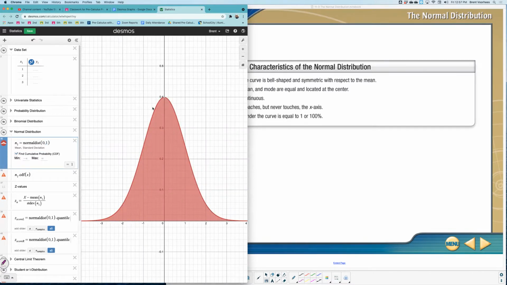What it says is, if the mean of some distribution is 0 with a standard deviation of 1, you'd have a graph that looks like this, where if you plotted all the different random events that happen, if you had a whole bunch of data, 100 people did something, the values that would occur would look like this, where the value 0 would occur about 40% of the time, and the value 1 would occur.